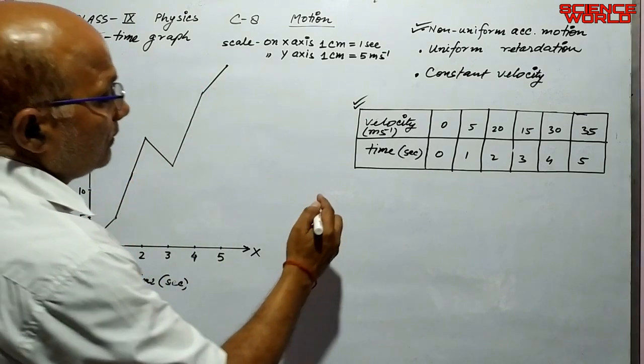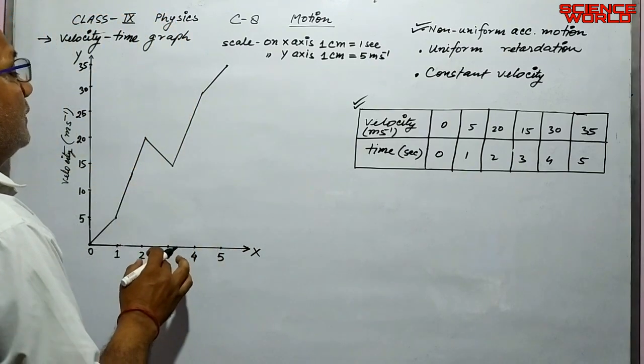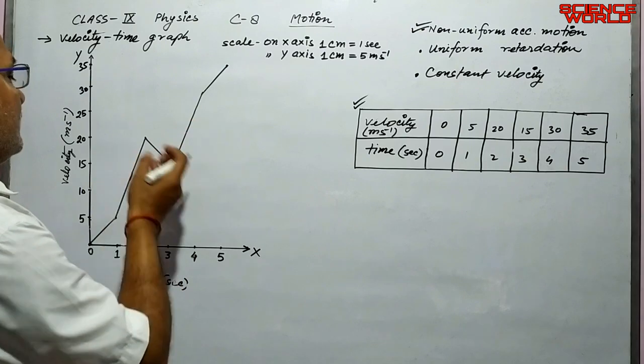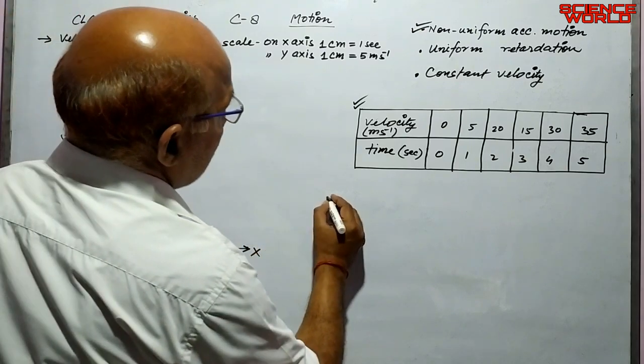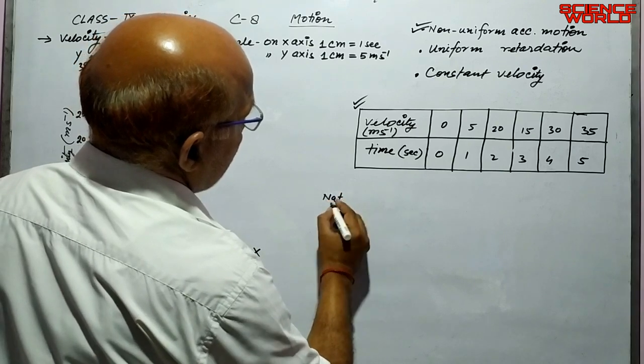So, if velocity time graph is zigzag and it is not a straight line, then nature of motion, you can tell the nature of motion.